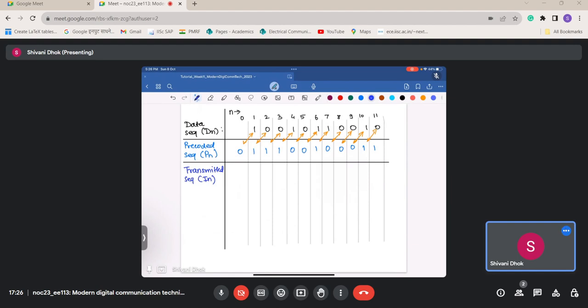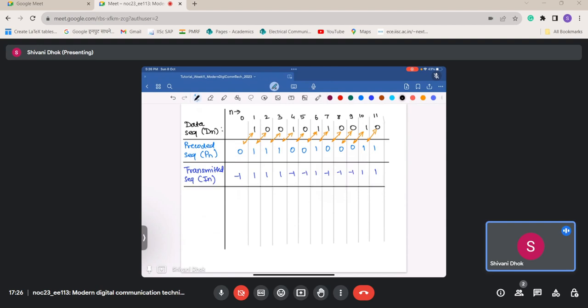Then if we have pn equal to 1, then we'll set it as 1. So what do we have here? We have it here as minus 1, 1, 1, 1, minus 1, minus 1, 1, minus 1, minus 1, minus 1, 1 and 1. So this is what we are having as your transmitted sequence.